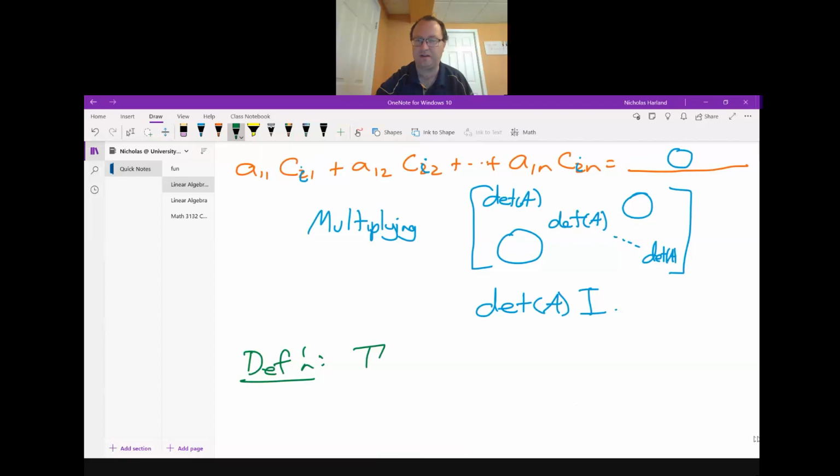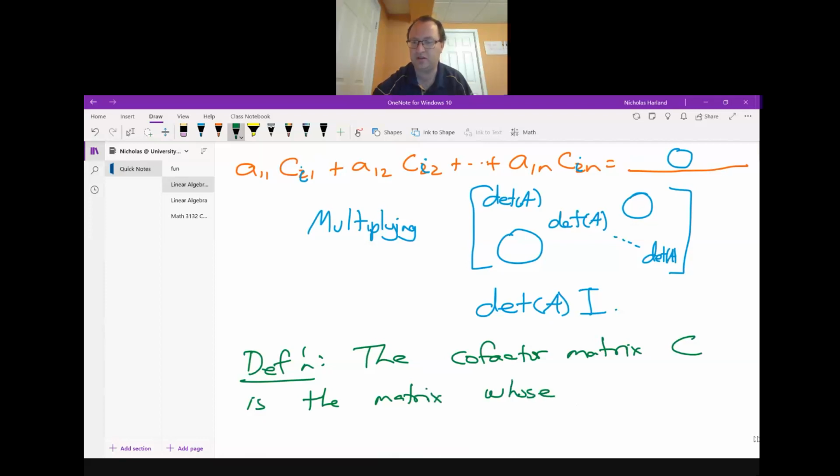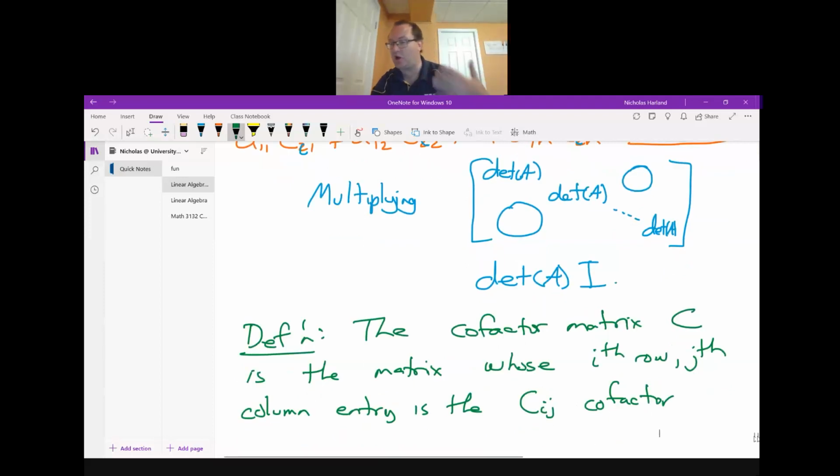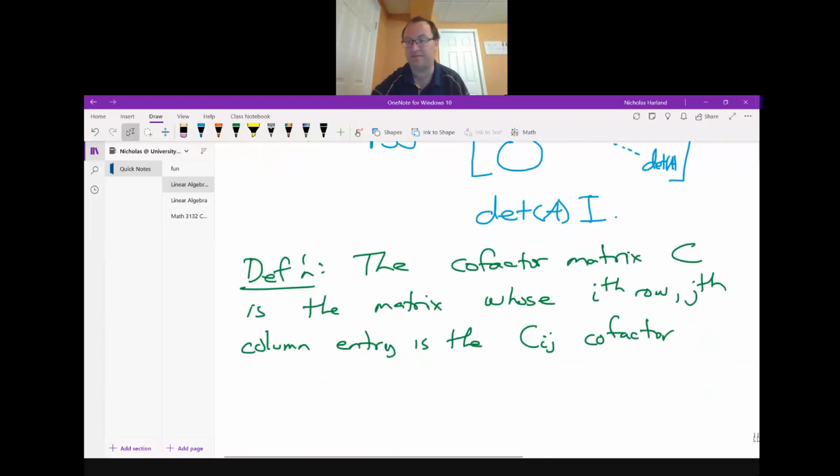Definition: the cofactor matrix C is the matrix whose ith row, jth column entry is the Cij cofactor of A. So that's the cofactor matrix, which honestly on its own does next to nothing for us.